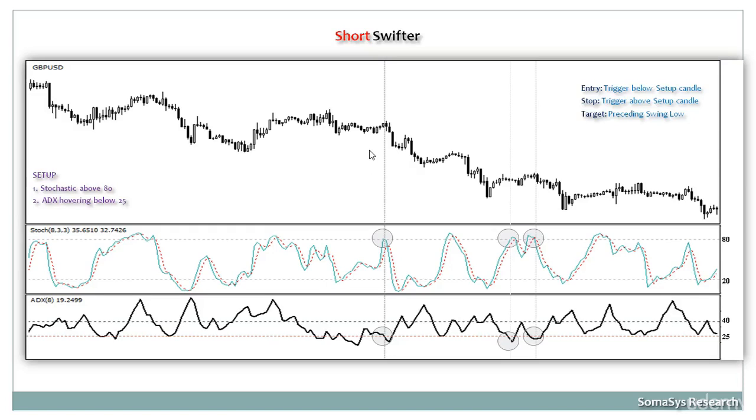Okay, so resistance is faced at a preceding swing high and risk reward ratio is also around 1:2. So we have a trade here. This black candle is the setup candle. Entry will be below its low, stop above its high, and this low over here is going to be the target.